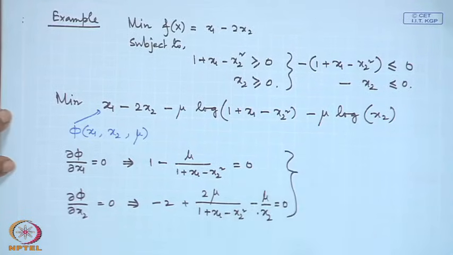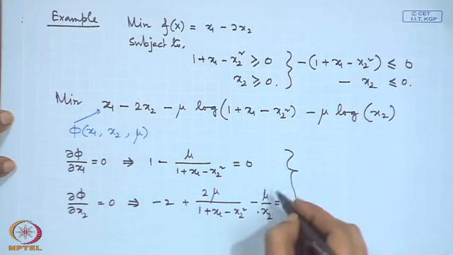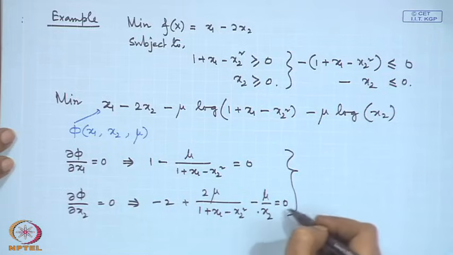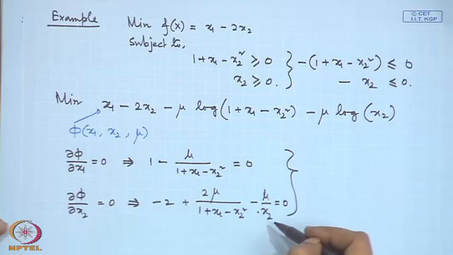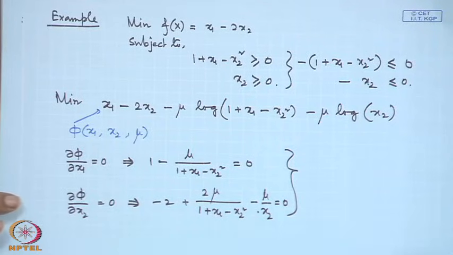These are the necessary conditions. We have to get the values of x1, x2 which satisfy both equations, the stationary points. From there we select the point of x1, x2 which minimizes the function f(x). That is the idea of the unconstrained technique.